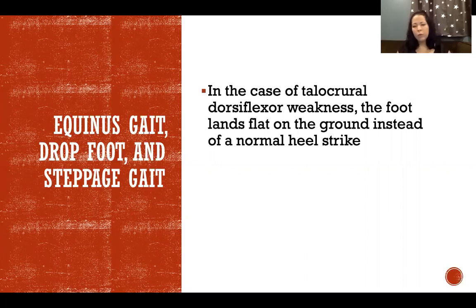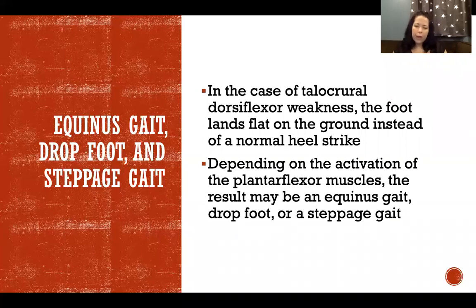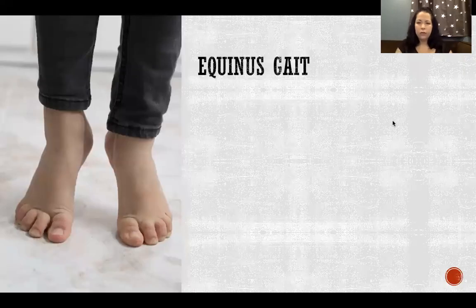And if we can't properly dorsiflex, that's where we get these three types of gait patterns. What else the rest of the kinetic chain is doing determines which of these three it is. Depending on the activation of the plantar flexor muscles, the result could be equinus gait, drop foot, or a steppage gait.